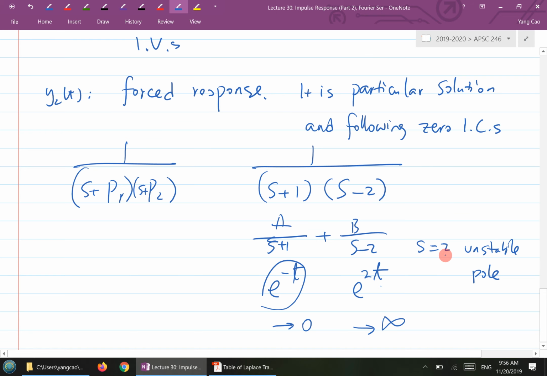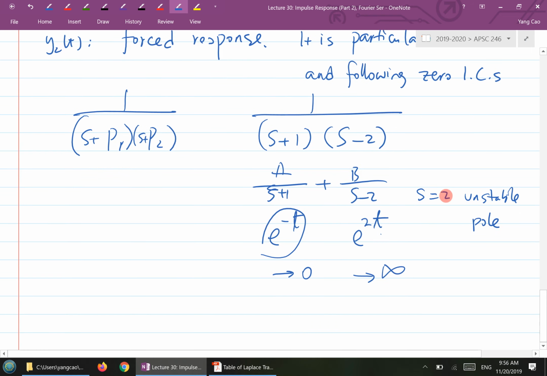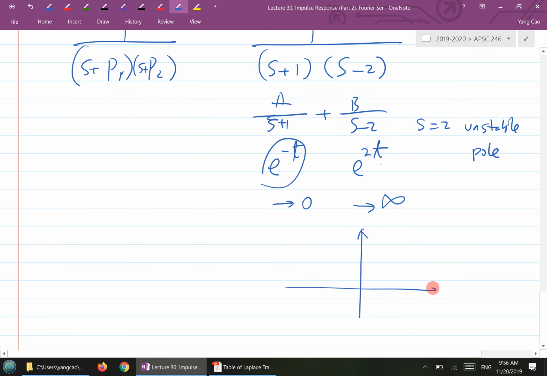And this pole, on the complex plane, where is this pole? It's on the right side of the complex plane.